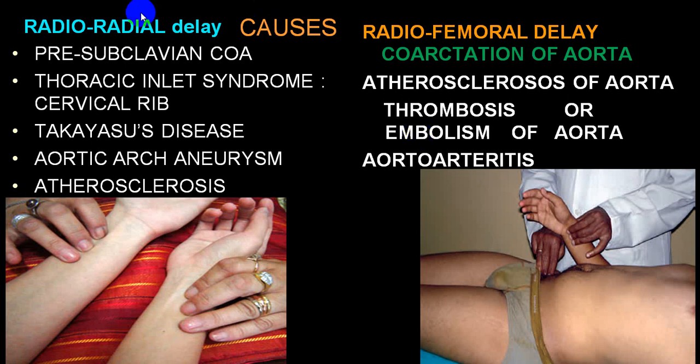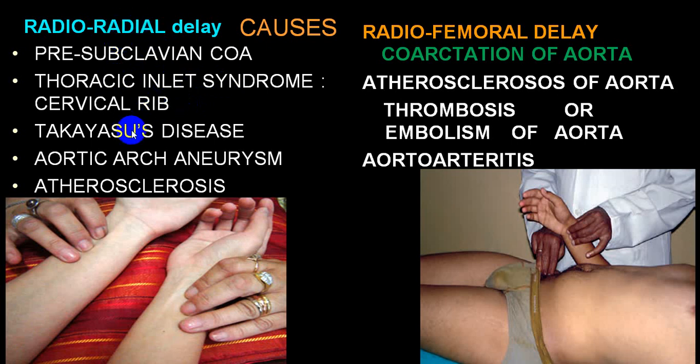So radio-radial delay is a classical example of a pre-subclavian coarctation, classical example. And you might get, if there is a compression in the thoracic inlet, a cervical rib can produce a thoracic inlet syndrome, and if it is compressing one of the subclavians, you can have a radial delay.